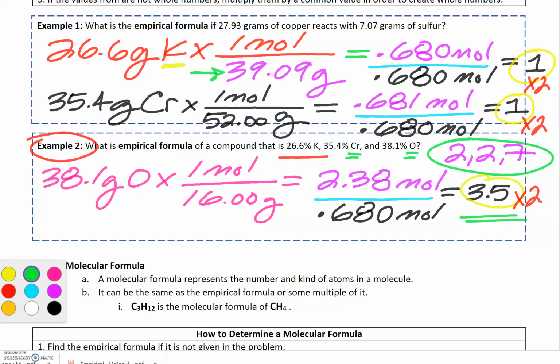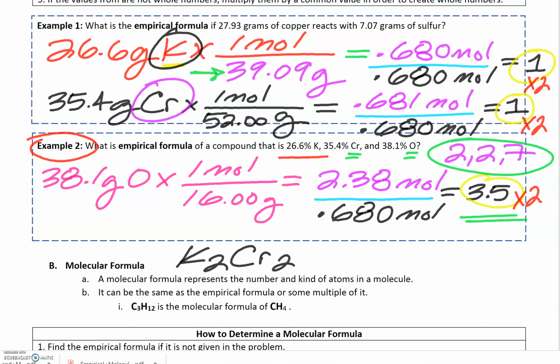So you just go back and look: potassium gets a 2, so it's going to be K2. Chromium, right here, gets a 2, so Cr2. And then O, which is right here, gets the 7.